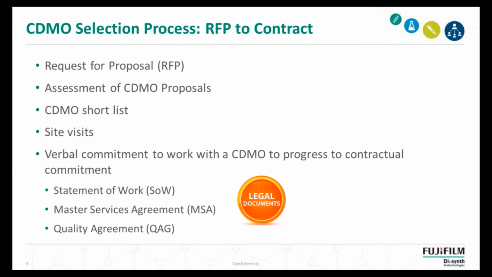So it starts to trigger the mechanisms for a CDMO to ensure that the capacity and the resources are available to undertake the work. And then underpinning the contract itself are 3 important documents: the statement of work, the master services agreement, and the quality agreement. And you can see the acronyms there, commonly used terms in our business.